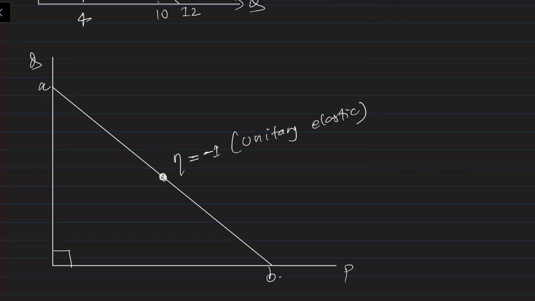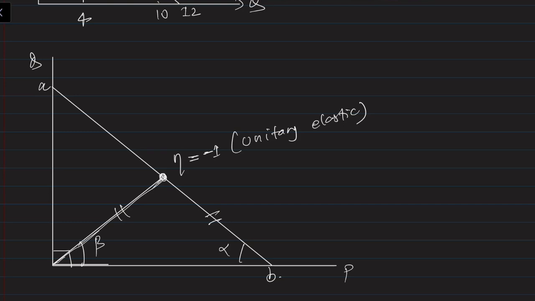Let's connect a line from the right angle to the midpoint. Let's call this angle beta and this alpha. And we know this line segment and this line segment will be equal, because this is the right angle and this line segment connects the midpoint.